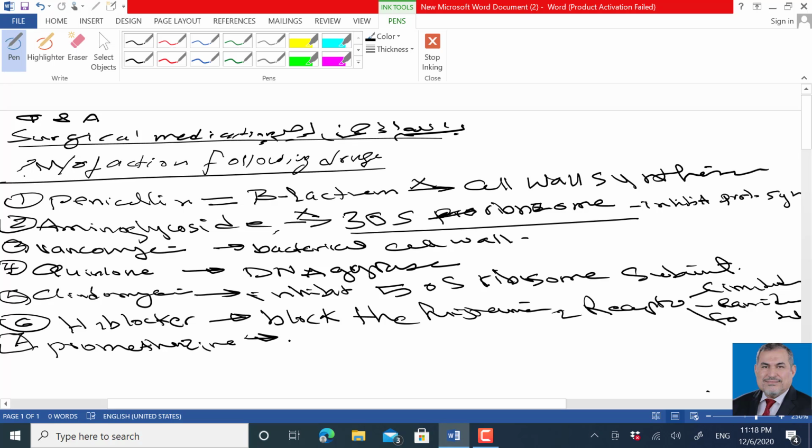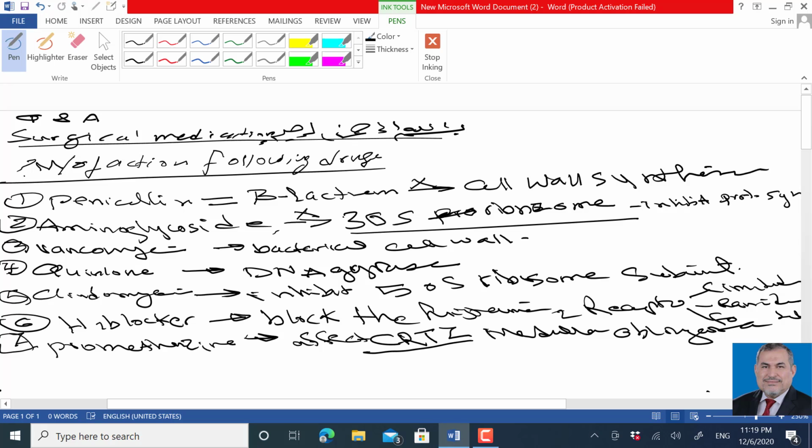It affects the chemoreceptor trigger zone in the medulla oblongata. Okay.